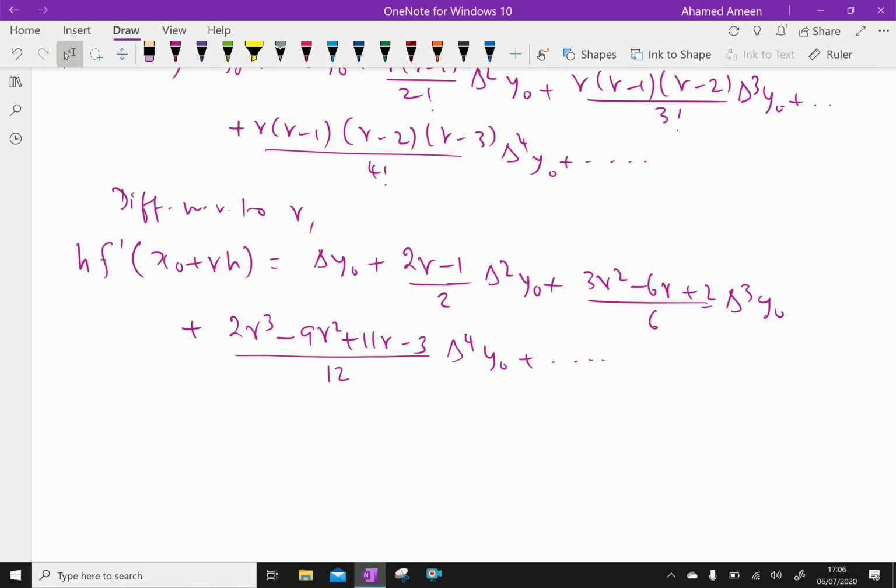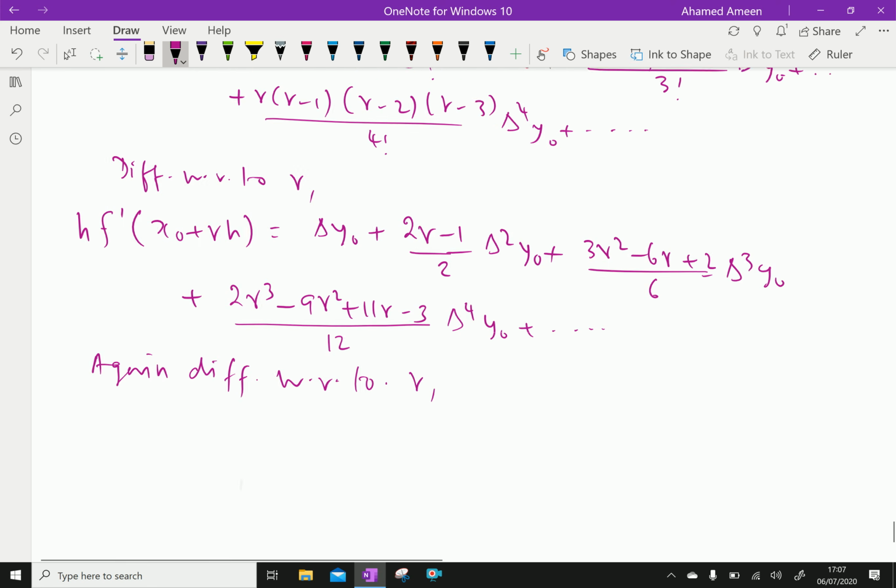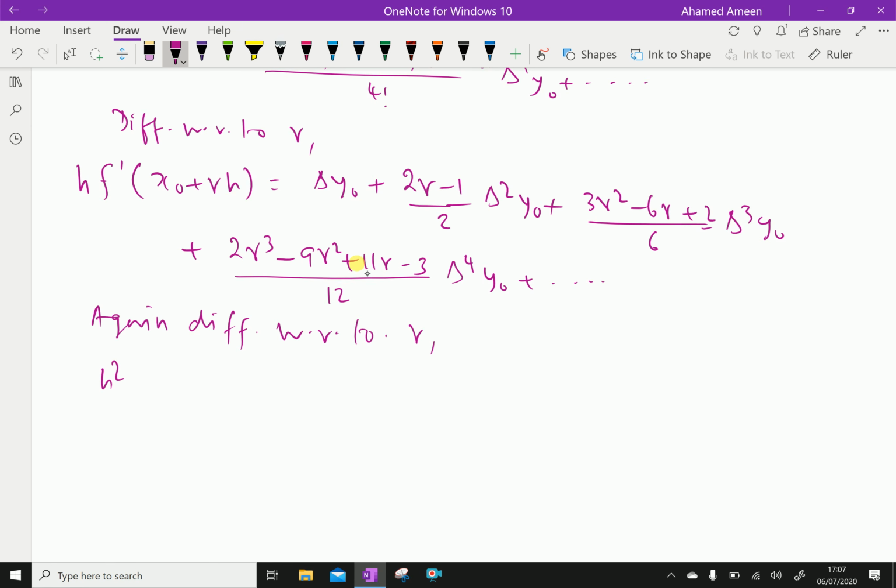Now this is the first derivative. Again differentiating with respect to r, we get h squared f double dash of x0 plus rh on the left hand side. We differentiate this line one more time with respect to r, and it becomes the second derivative.